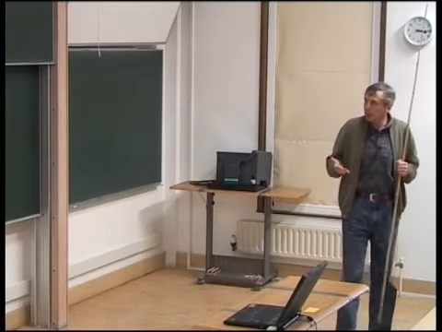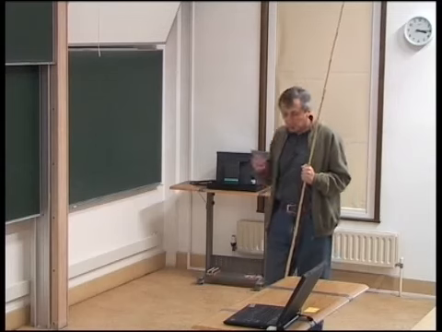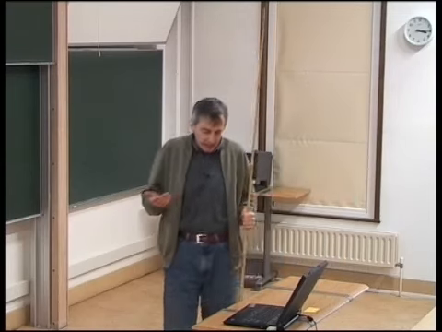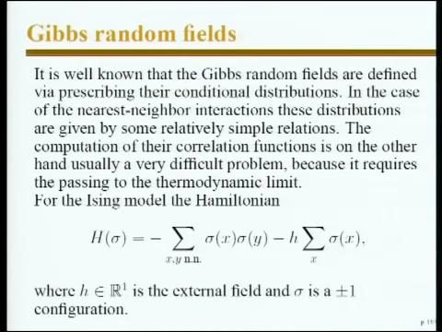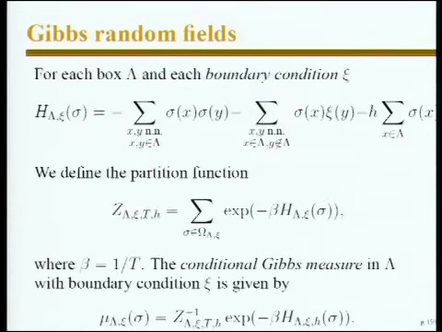And once we have this formal Hamiltonian, we can talk about Gibbs random fields corresponding to that formal Hamiltonian and to some inverse temperature. And we do it in the following way. We take a box, lambda, and we fix some configuration of spins outside that lambda.